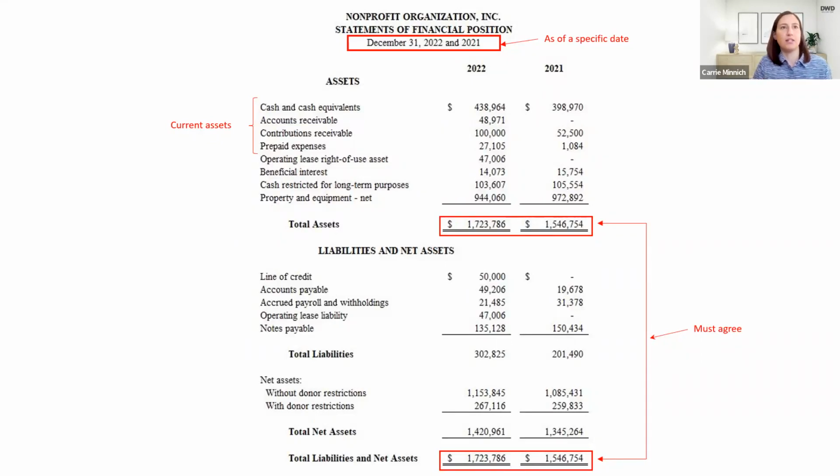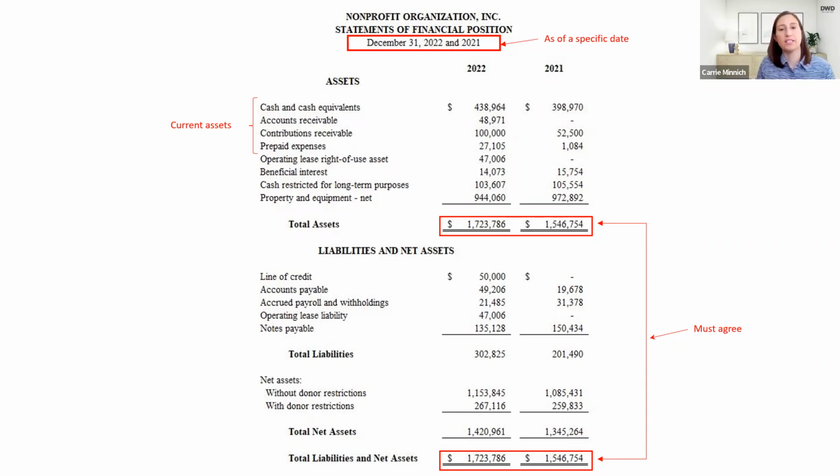We have to determine the liability over the whole entire lease, and then we also have to use a discount rate to determine the actual dollar amount that goes onto the financial statements. But what you need to know is that if your organization has leases, then you will likely see a new item on your financial statements this year representing that lease, called an operating lease right of use asset, and a corresponding liability, operating lease liability. So that is new this year.